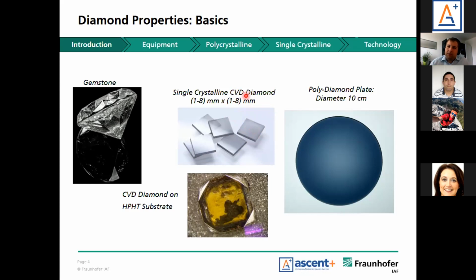These CVD diamond plates can be grown either on other CVD diamond but also on so-called HPHT, high pressure, high temperature synthesized diamond. HPHT synthesis was the first type of diamond synthesis that has been developed. It's mimicking the way nature produces diamonds.